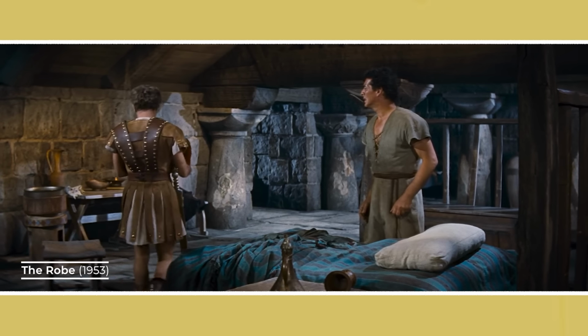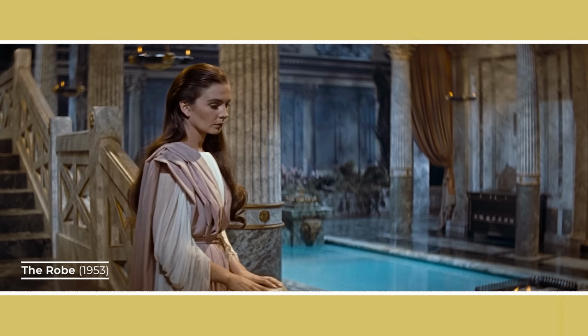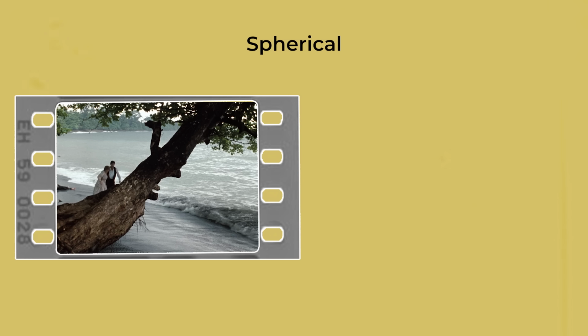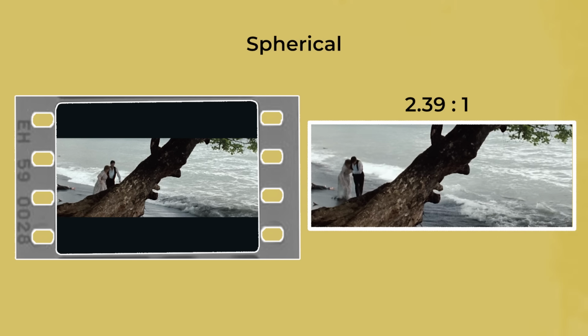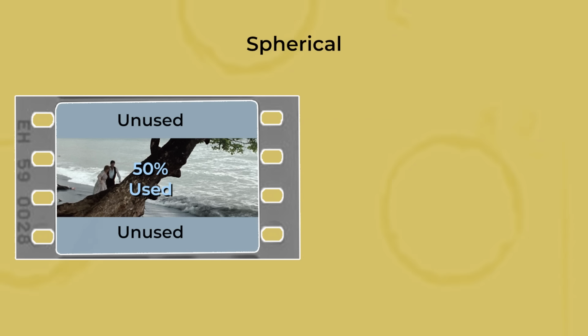Anamorphic lenses were originally developed for a technical reason: resolution. In the era of 35mm film, widescreen images captured with spherical lenses required cropping the top and bottom of the frame to achieve a 2.39:1 aspect ratio, meaning only around 50% of the negative area was actually being used.